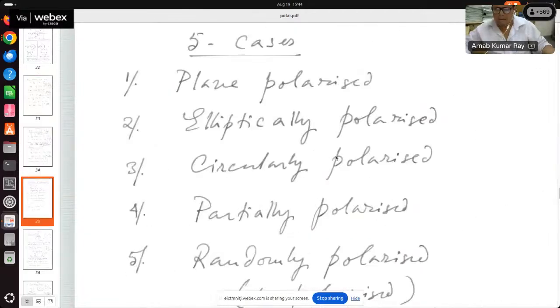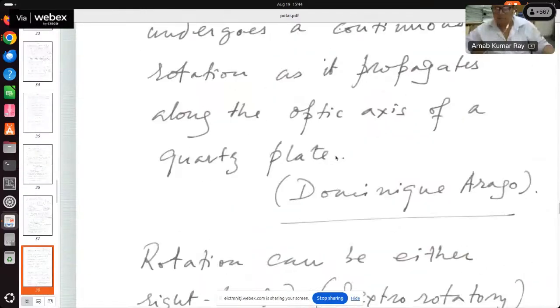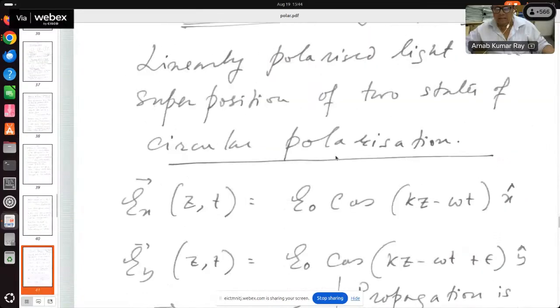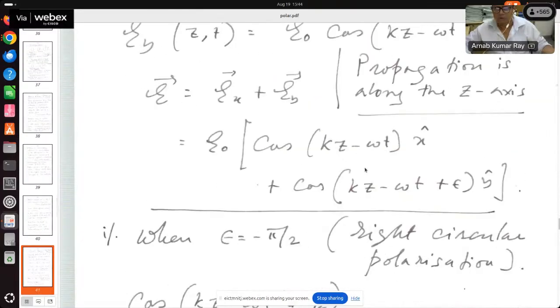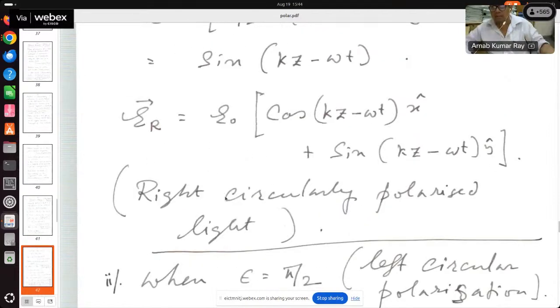Now, but here you have the other way around. Things are propagating, the left polarized light and the right polarized light. Remember, right circular polarization is actually a rotating electric field vector.